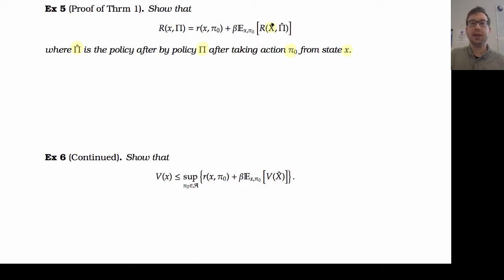And x hat here is the state reached by the policy after taking that action in policy pi 0. So basically, this is the first reward that you receive. Given the reward and action that you chose, that's the state you arrive in, and that's the policy that you follow thereafter.